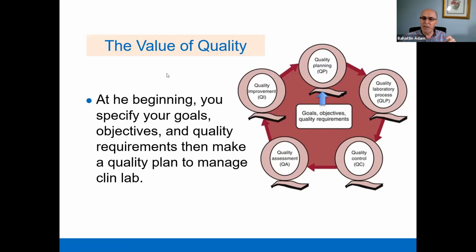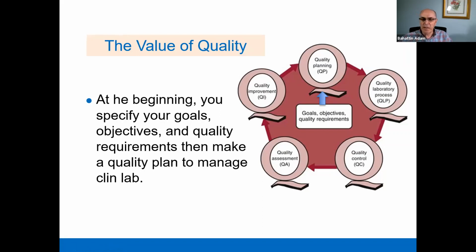And based on these, you design a quality plan, okay? And then you will follow this quality plan, the quality control process, and you have to check your plans time by time, and then you have to assess your quality and then improve your quality as needed.